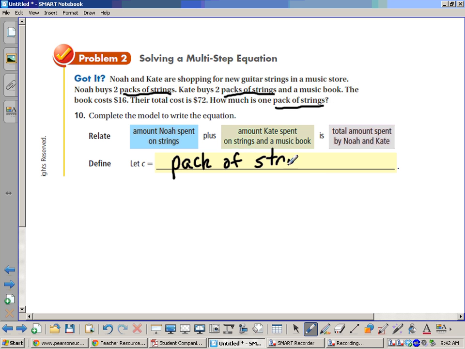So we're going to rewrite the problem, but we're going to use an equation to do that. So the amount that Noah spent on the strings, so he had 2 C's, plus the 2 that Kate bought, plus the music book, which we know was $16. That total cost has to be the $72 that they spent.